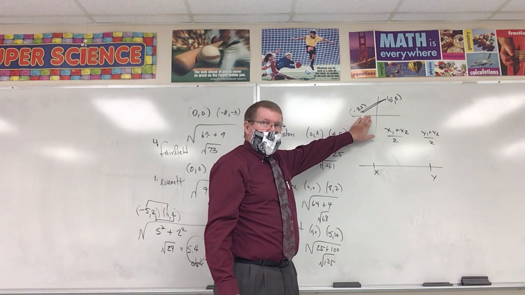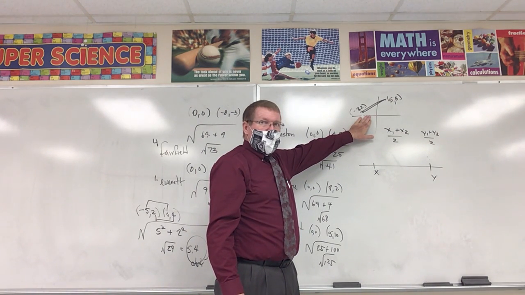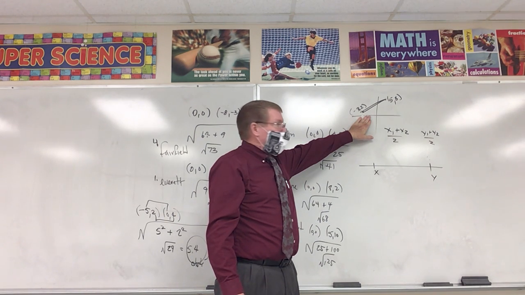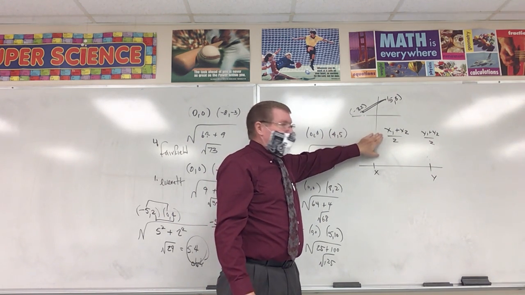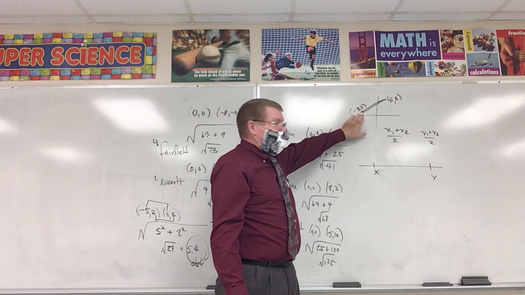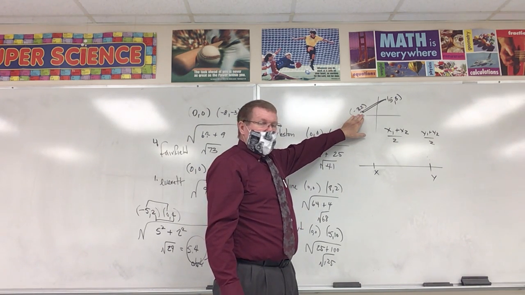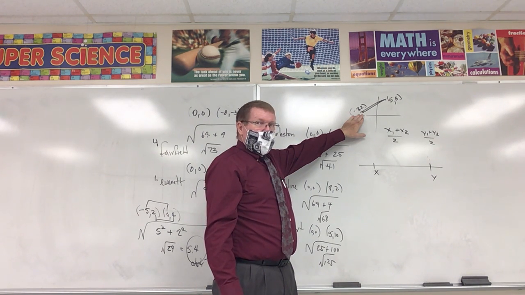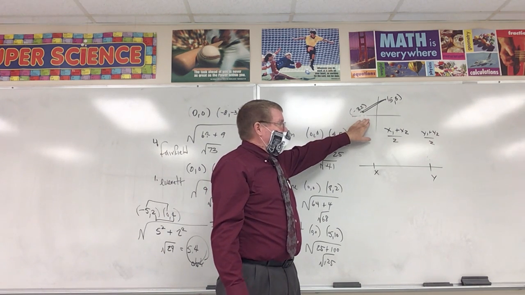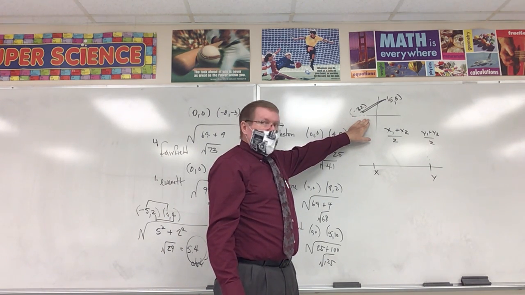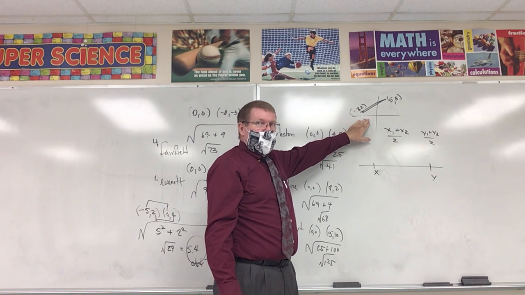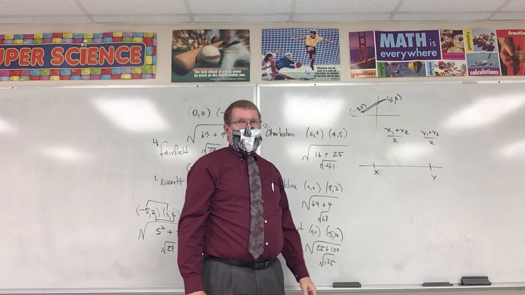Midpoint here. You're thinking too hard. X1 plus X2 over 2. What's X1? X1 is -3. What's X2? Add them. 2. Divide by 2. 1, 1. What's your Y1? 2. What's your Y2? 8. Add them. 10. Divide by 2. 5. 1, 5.